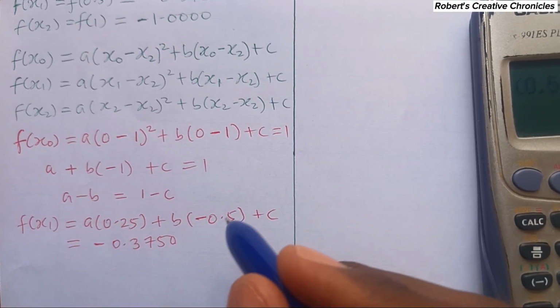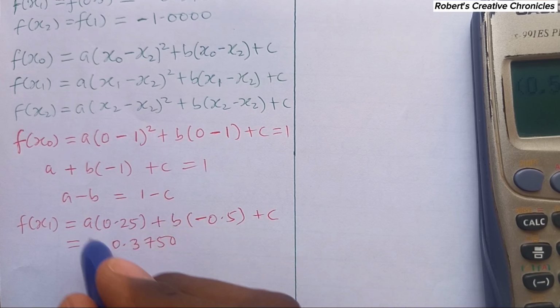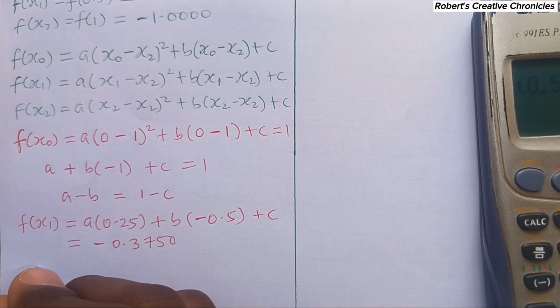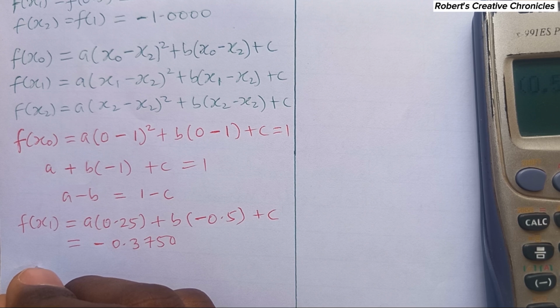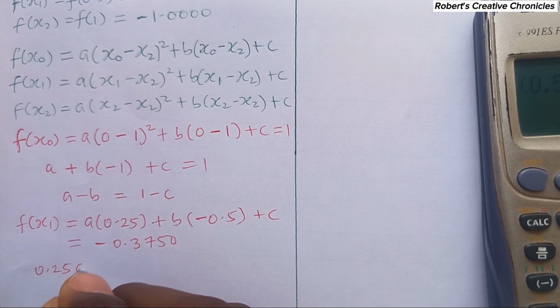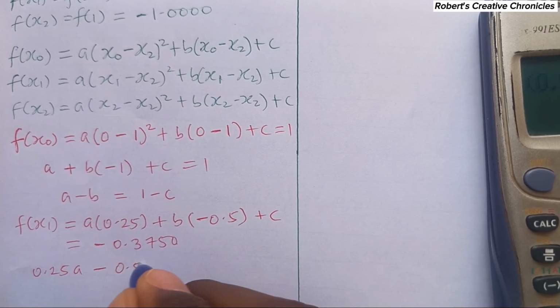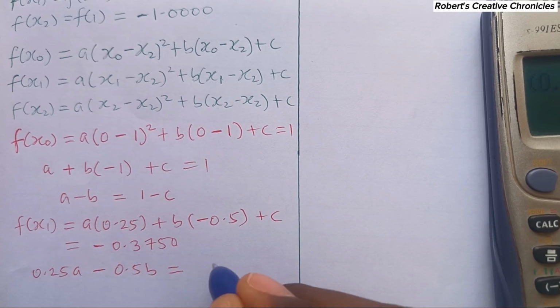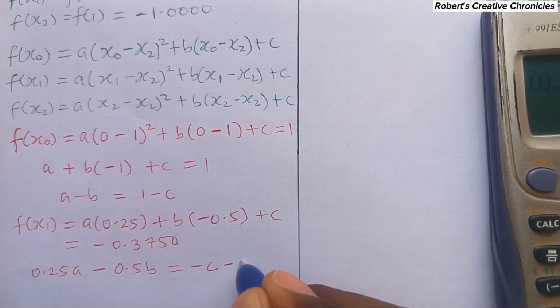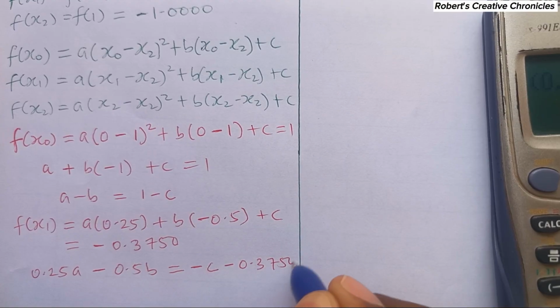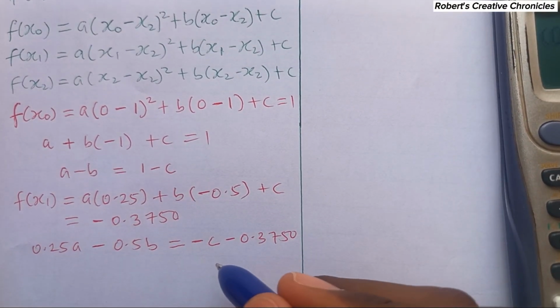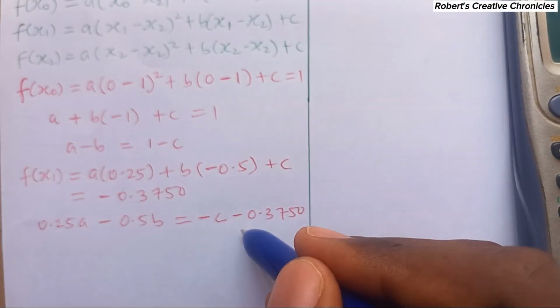So this becomes 0.25a minus 0.5b is equal to negative c, negative 0.3750. So this is the second equation.